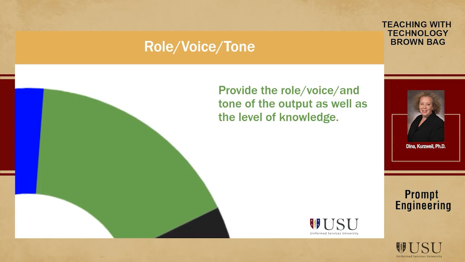But you can see here the idea of a full professor may change the language that the AI gives you in terms of its response. A seasoned educator is going to change the tone and the wording versus somebody who may not be so specific. The role, tone, and voice really does change how Gen AI responds to you. And it's an important thing to think about.